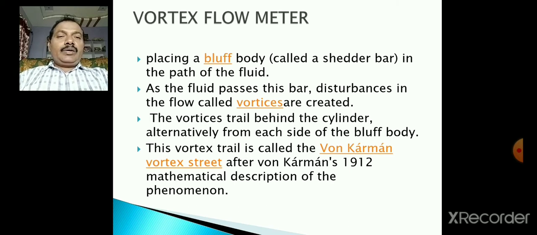The vortices trail behind the cylinder alternately from each side of the bluff body. This vortex trail is called the von Karman vortex street, after von Karman's 1912 mathematical description of the phenomenon.